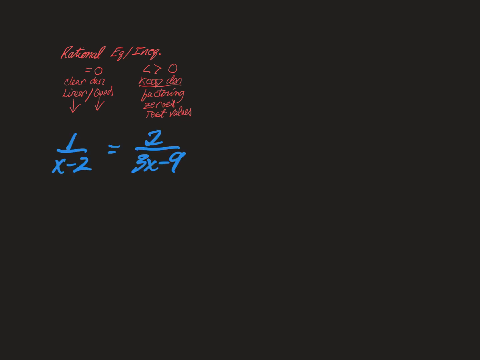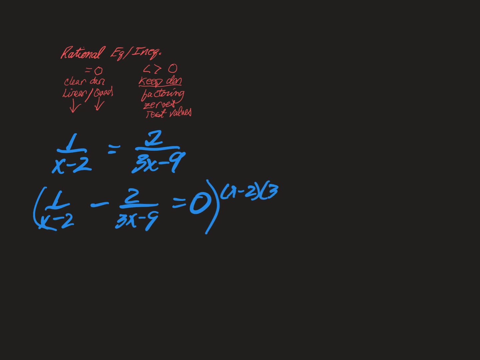Okay, so let's solve this equation. So here we have an equation. What we're going to do is we'll just get it equal to 0. And then what we want to do is clear the denominators. If you'll remember, that means we multiply the whole equation by the common denominator, which in this case is (x minus 2)(3x minus 9).